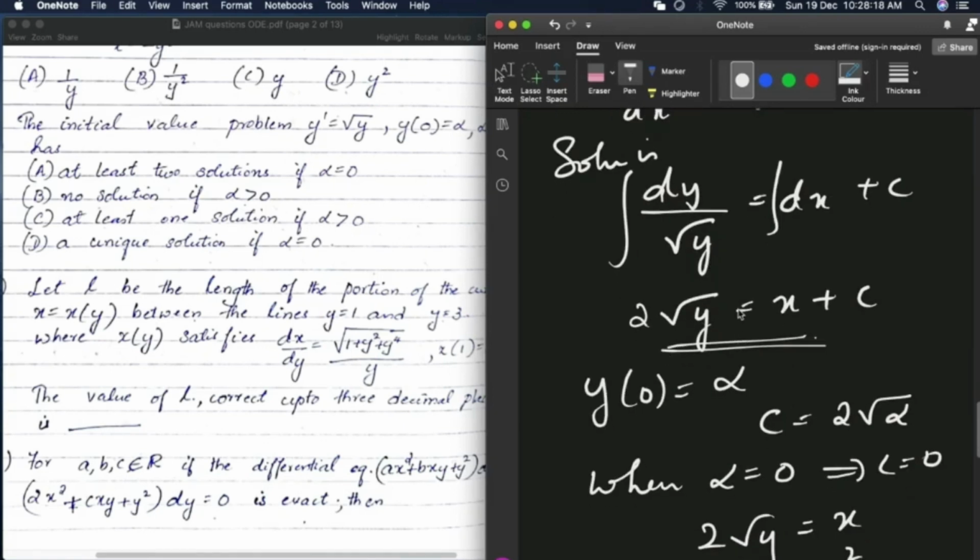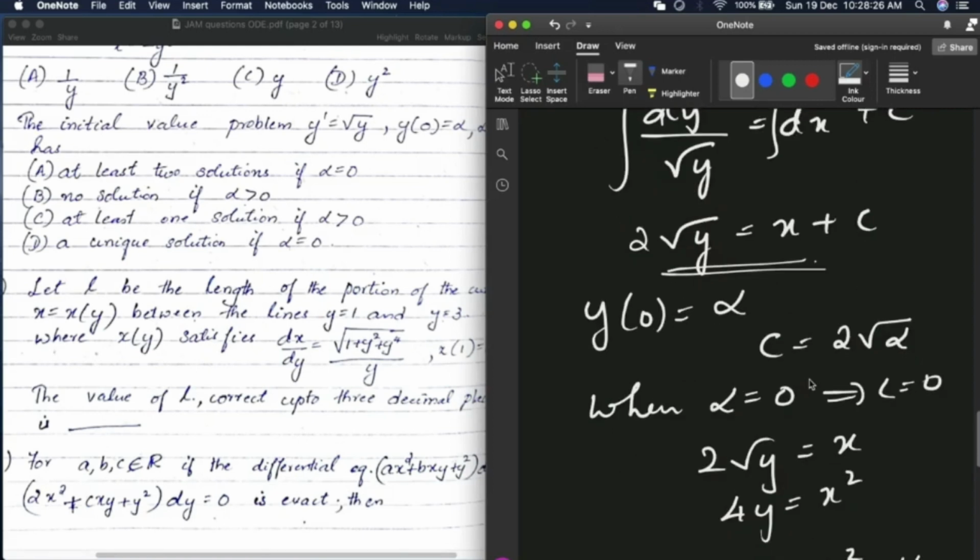This is the solution. 2 root y is equal to x plus c. And you have to solve for c. The given condition is y of 0 is equal to alpha. So you get your c as 2 root alpha. So this becomes your solution. 2 root y is equal to x plus 2 root alpha.